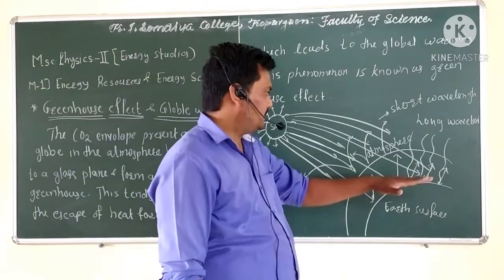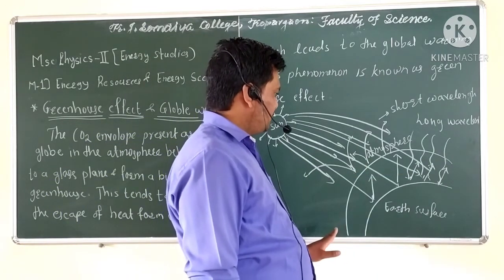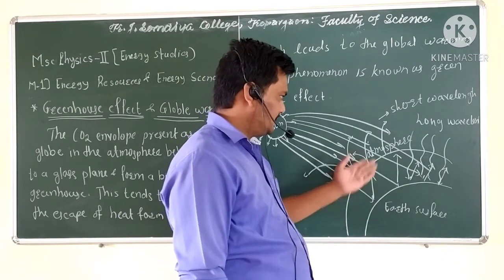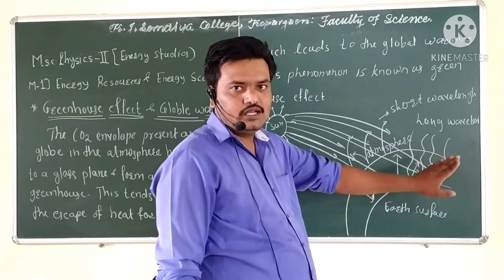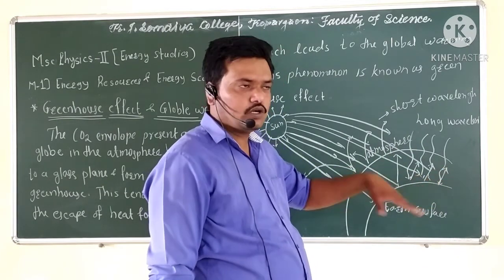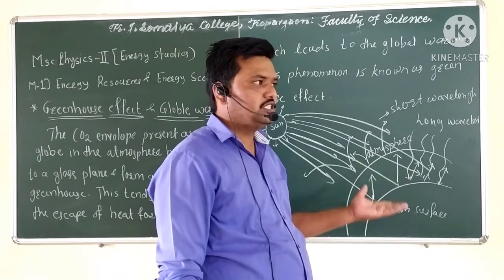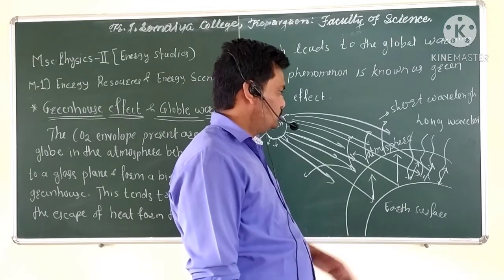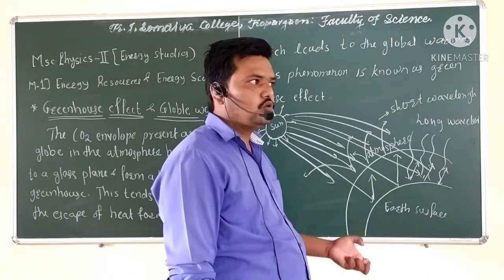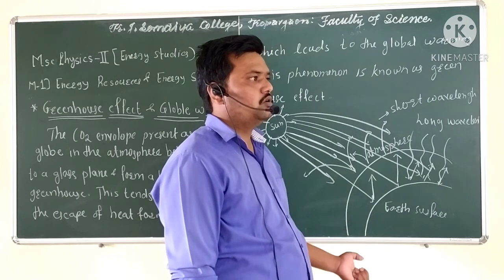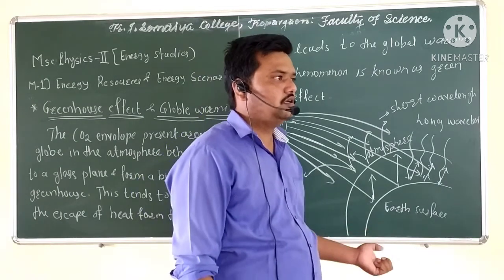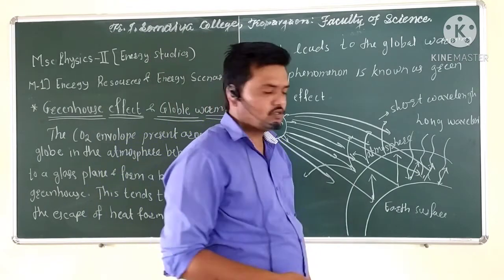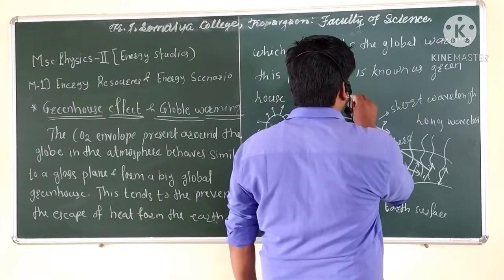But what happens here in the atmosphere is that the greenhouse gases released from the earth have created this globe-like structure. That globe-like structure, similar to a glass plane sheet or glass-like structure, restricts the radiation, and due to this restricted radiation the earth surface, the earth climate or the atmospheric climate, is warmed or heated, and this is known as the greenhouse effect.